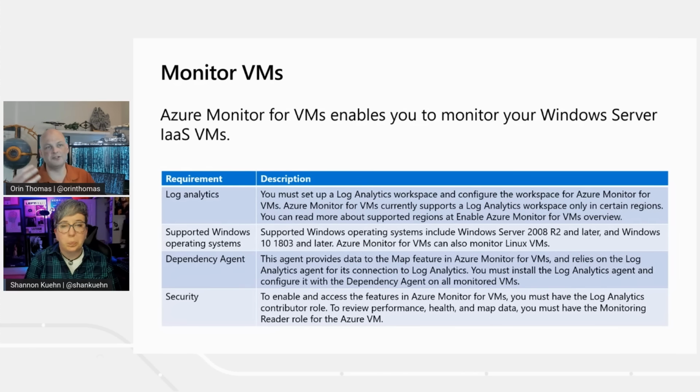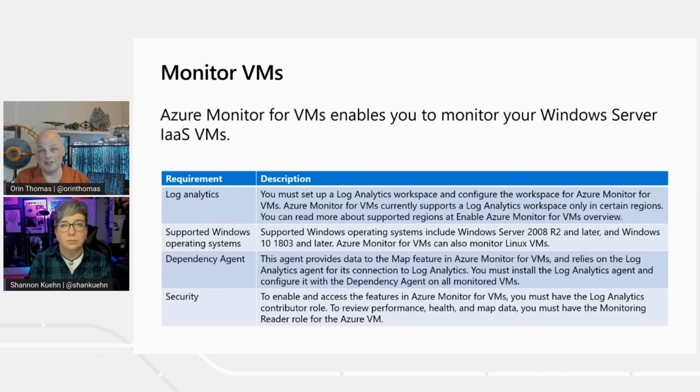So the next thing is the dependency agent. What the dependency agent does is provide data to the map feature of Azure Monitor for VMs. That allows you to see what the dependencies are on this VM and what this VM depends on. So if you've got a multi-tier, multi-VM application and you want to know what this depends on, well, if it needs a domain for authentication, that's a dependency.